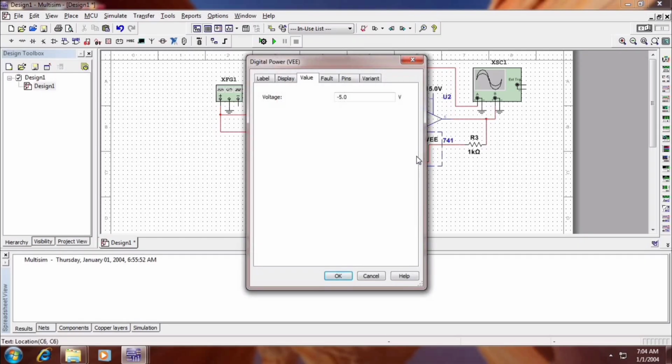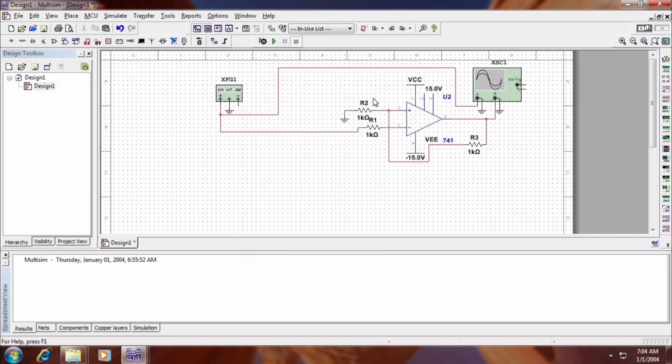After changing the value of the resistance and the supply voltage, check the value of the function generator.